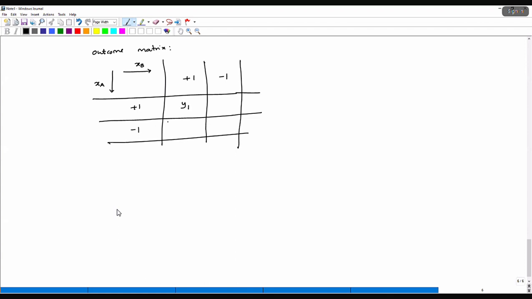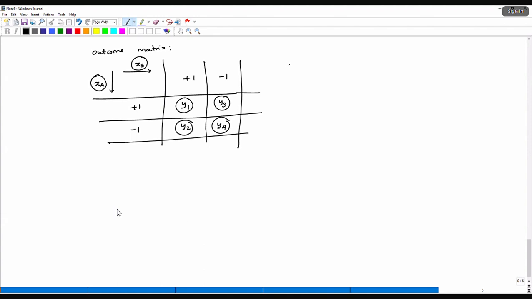When xa is low and xb is high, let's call it y2. When xa is high and xb is low, let's call it y3. And when both are low, let's call this outcome y4. Okay. Now we can have a regression model to describe the relationship between the y's, that is the outcomes, and the x's, which are the inputs.